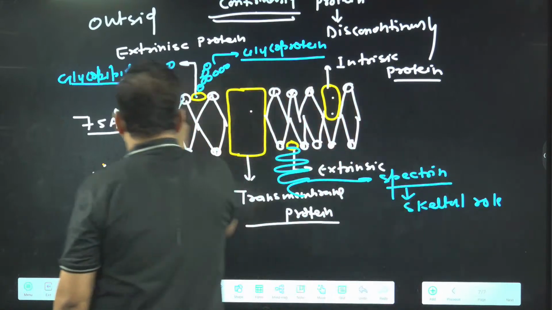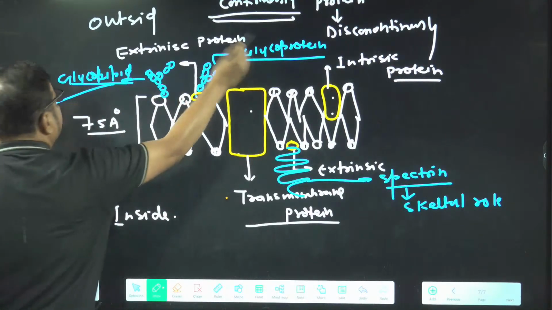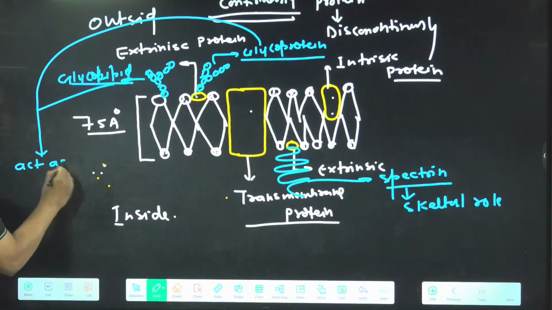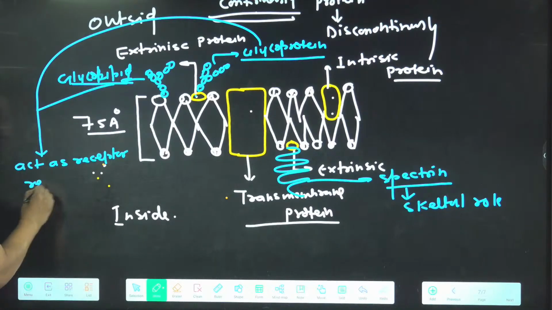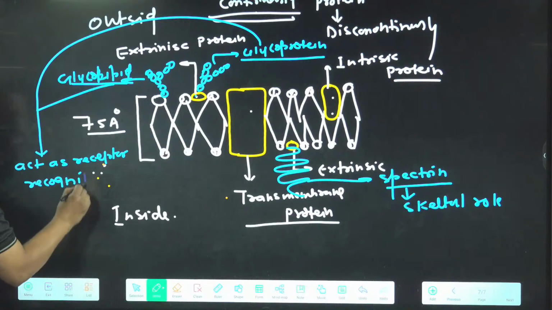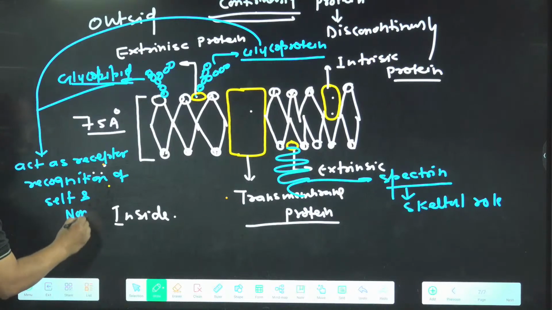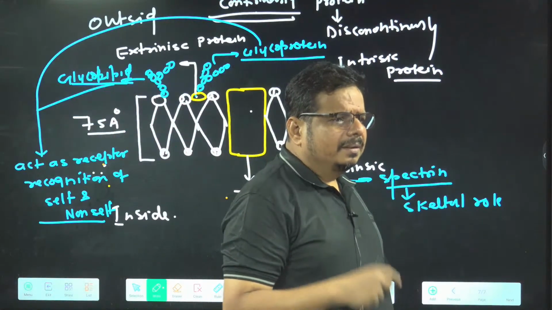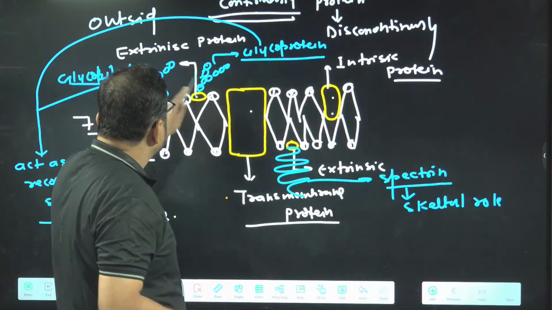Glycoprotein and glycolipid present in the outer surface act as receptors. They also have a role in recognition of self and non-self. When grafting occurs in your body, the outside cell gets recognized by these glycoproteins.